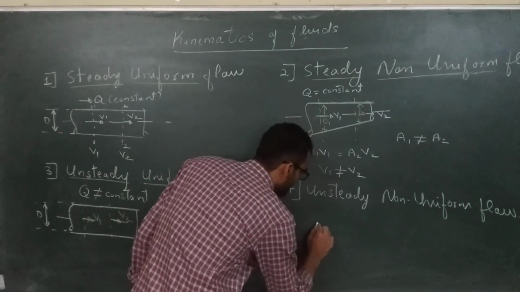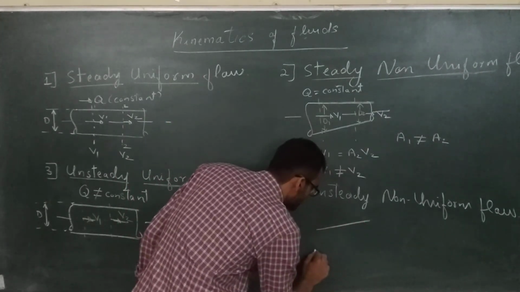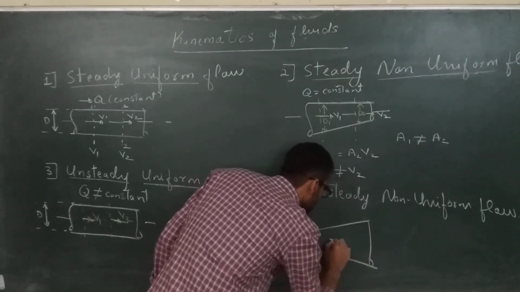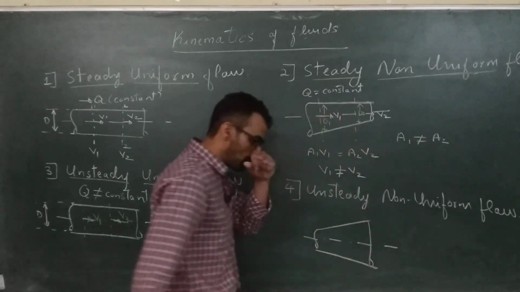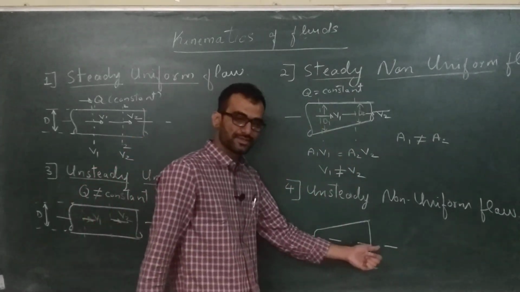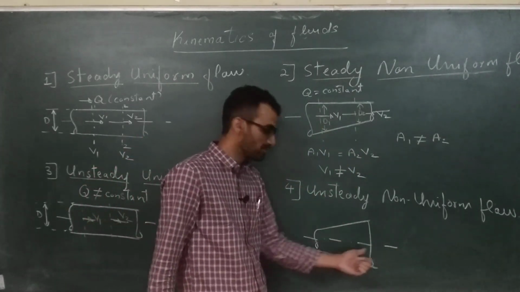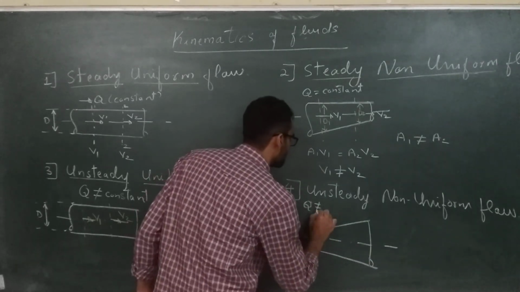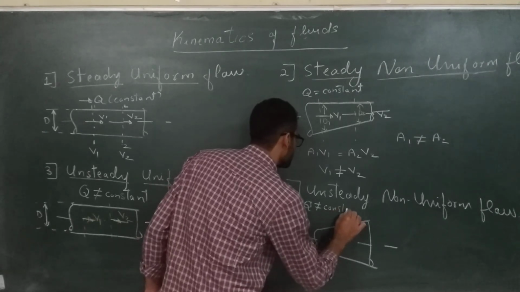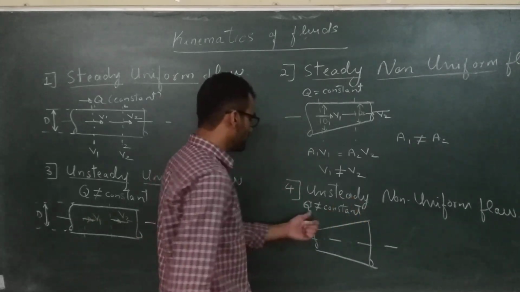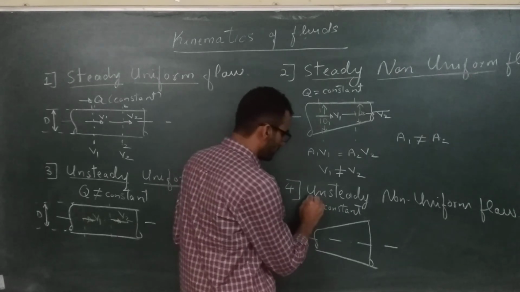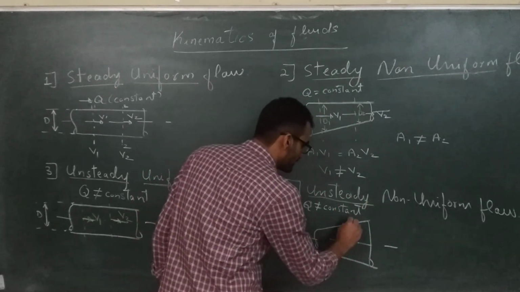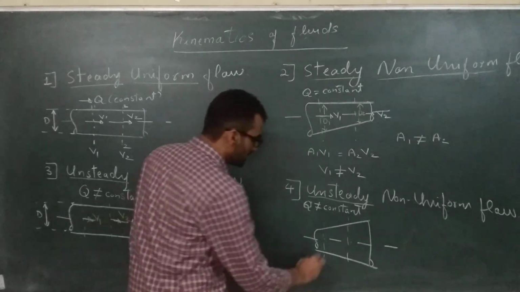So if you have a pipe like this, an expanding cross section like this, flow is expanding here in a pipe, and your discharge is not constant. So your flow has become unsteady already. And at any point of time, if you check the velocities at different locations, it will be different.